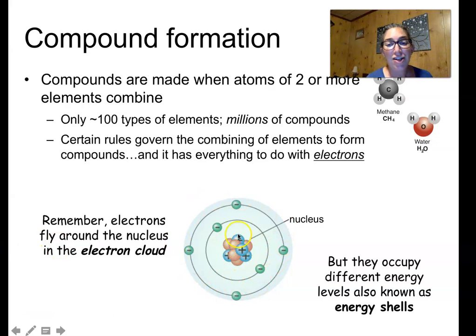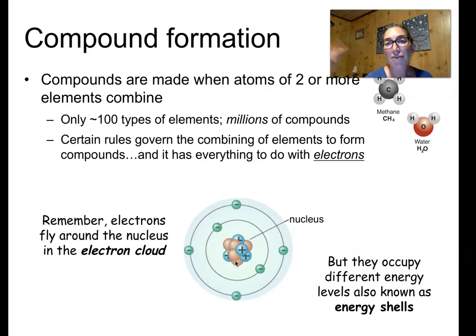An atom has a nucleus that contains the protons and neutrons, and then the electrons fly around in this cloud space outside of the nucleus that we call the electron cloud. And in this picture, these electrons look like they're orbiting the nucleus in these orbits, which is an overly simplified visual of how electrons are arranged, but it works well for introductory chemistry classes.